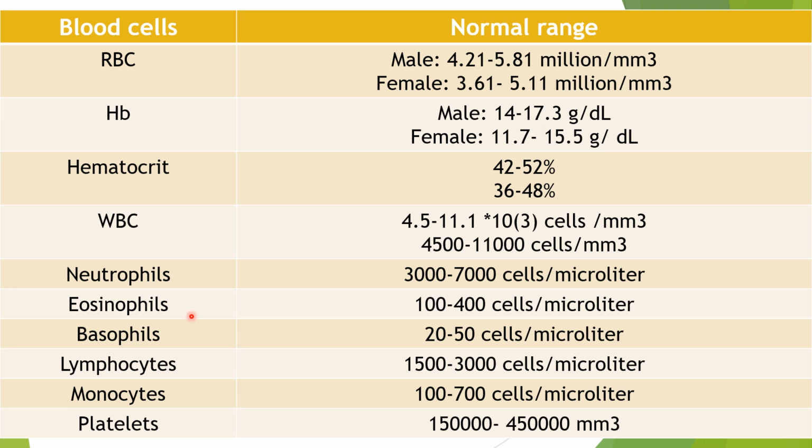Basophils, 20 to 50 cells per microliter, that is 0.5%. Lymphocytes, 1500 to 3000 cells per microliter, that is 34%. Monocytes, 100 to 700 cells per microliter, or 4%. And the platelet count is 1,50,000 to 4,50,000 per millimeter cube.